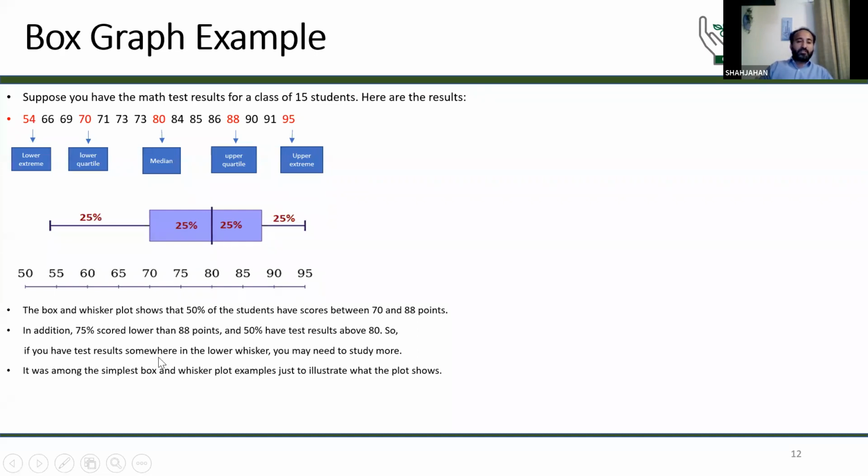If you have test results somewhere in the lower whisker, you may need to study more. So if there is a lower whisker, you have to discuss why they are getting lower numbers. It was the simplest box and whisker plot example, just to illustrate what the plot shows. So I hope you can understand this.